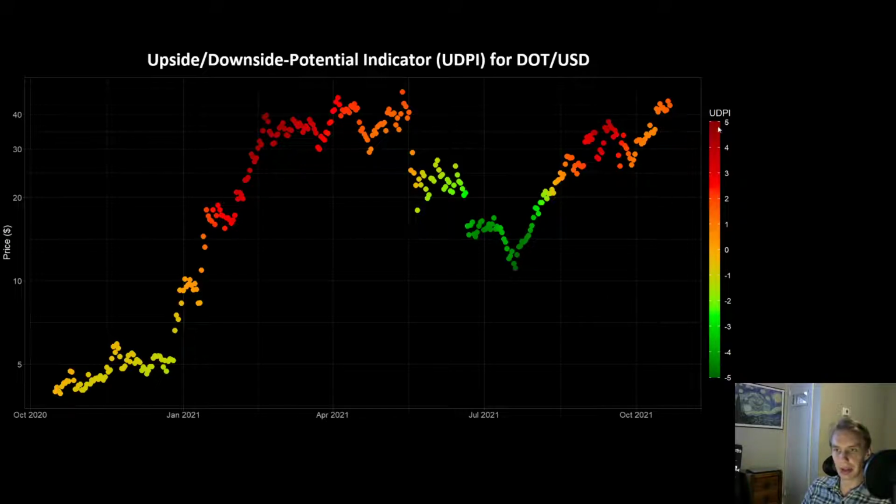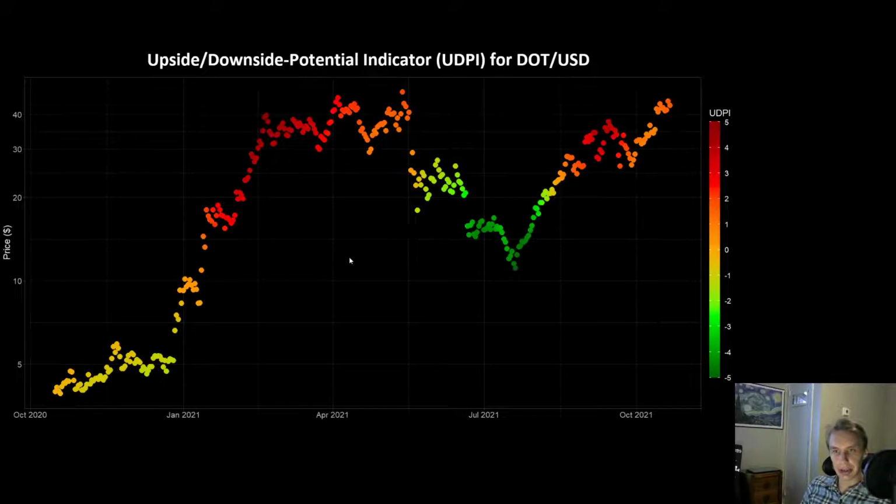Higher values, so darker red, closer to 5, correspond to higher risk, and darker green corresponds to lower risk. As you can see from the graph, the UDPI does a pretty great job of identifying these overheated points in the market, these hot zones, and also these low risk opportunities, these times when entering the market would have been historically advantageous, and it usually precedes these big runs to the upside.